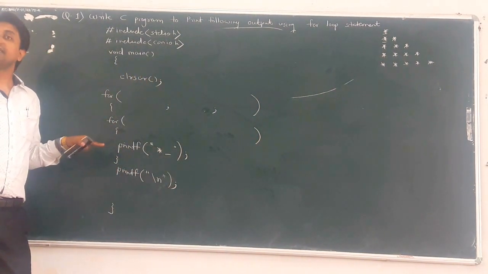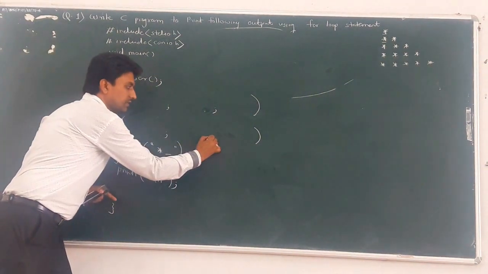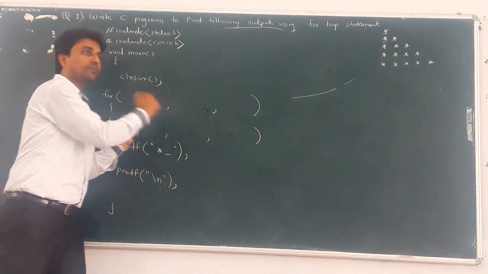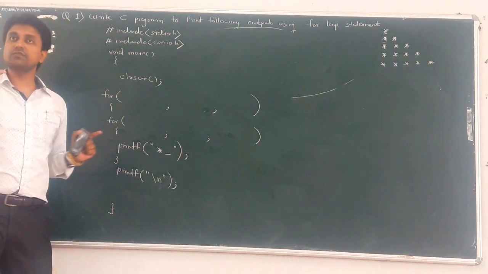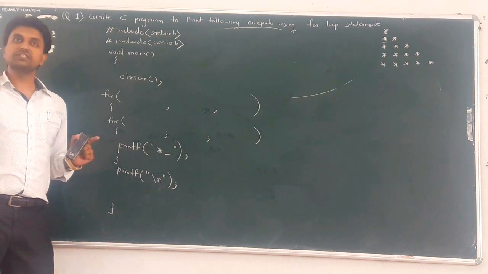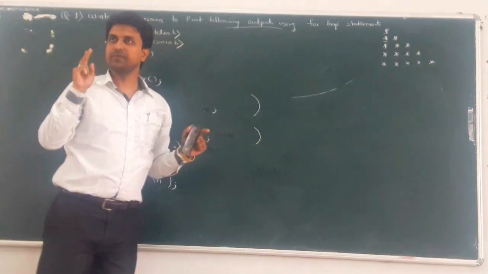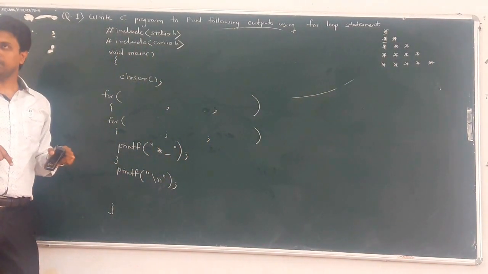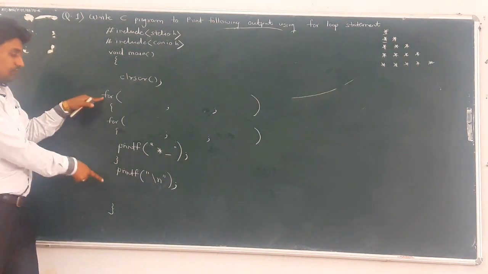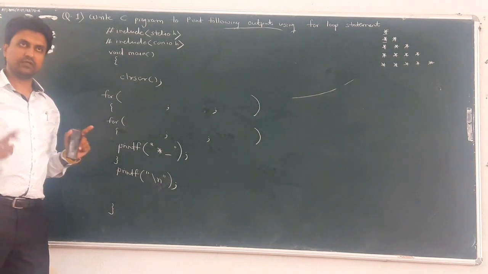Again, we want a nested for loop. Why? Because what is the inner for loop's purpose? Print a star once for the first line. Means the outer for loop gives you rows and the inner for loop gives you columns.